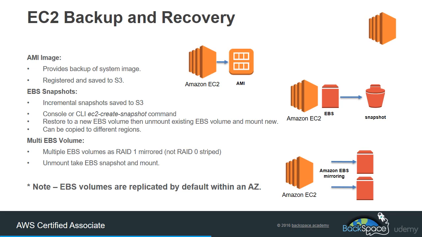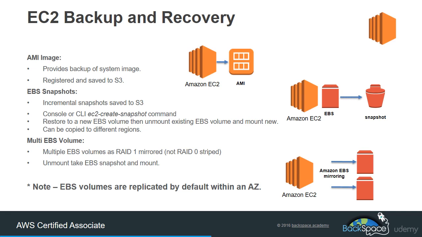We also have EBS snapshots available, which will take backups of our EBS volumes that are attached to an EC2 instance. And those are incremental snapshots, and they're saved to Amazon S3. Now they are created using the console or the CLI EC2 create snapshot command, and we restore to a new EBS volume and then unmount an existing EBS volume and then mount the new one.